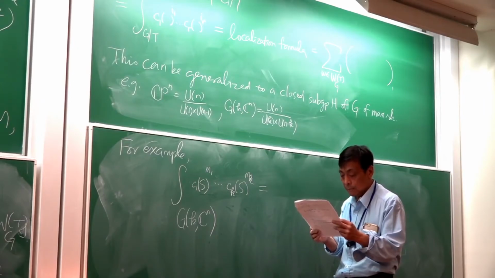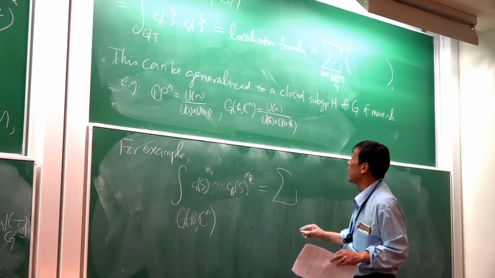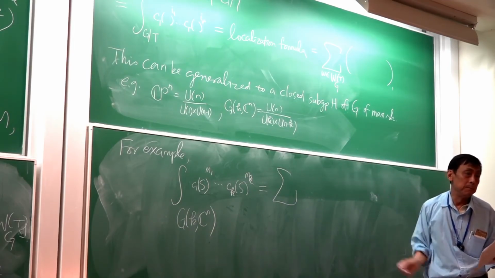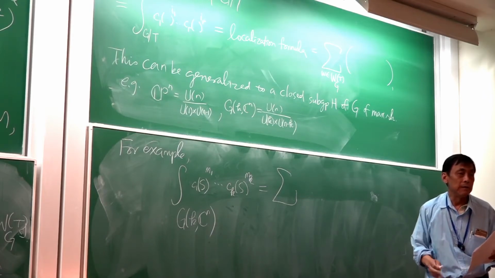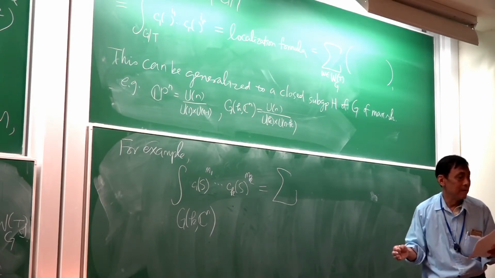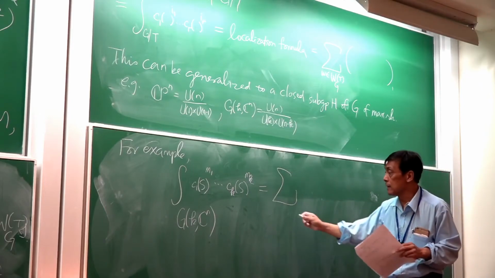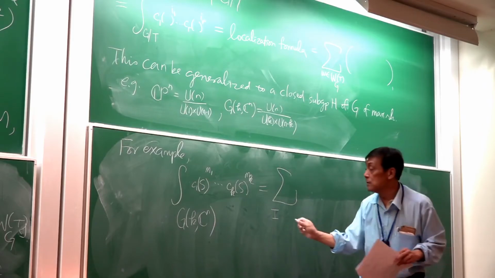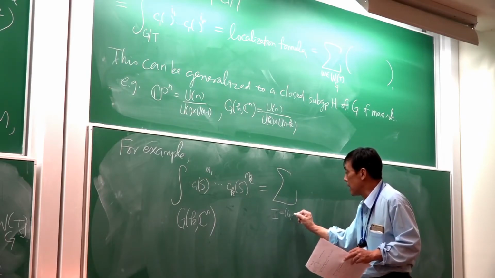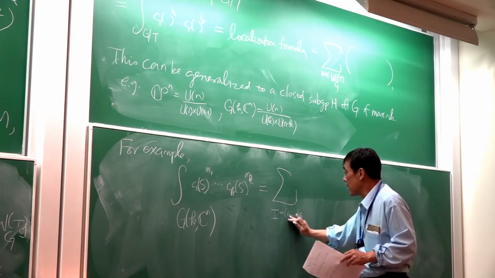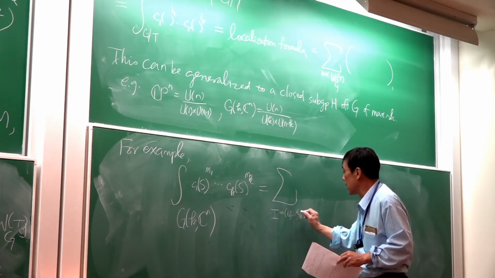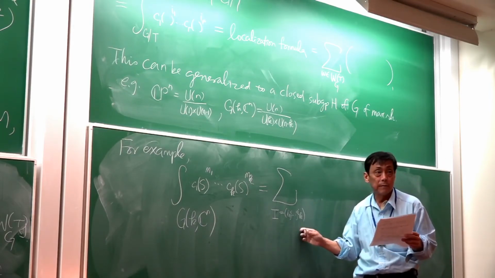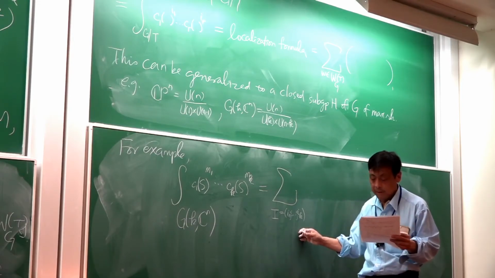And the formula I found is that I get a sum over the Weyl group. The Weyl group of the Grassmannian turns out to be permutations. And so you can index a permutation by a set of numbers, I1 to Ik. So you get a sum over these multiple indices.